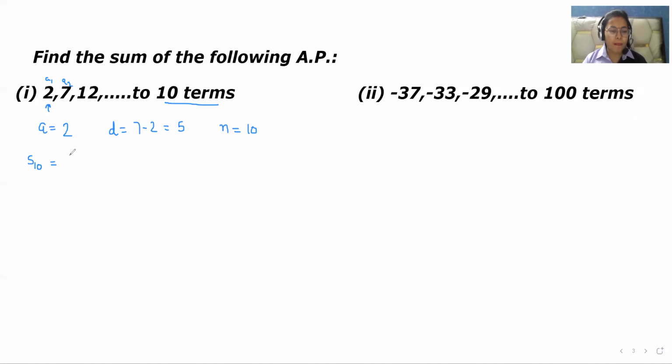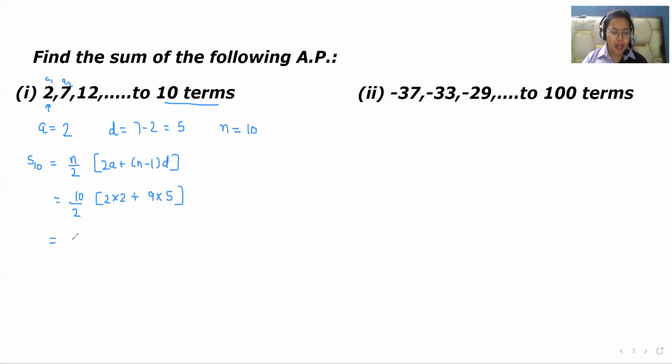So what was our formula? S10 equals n over 2 times (2a plus (n minus 1) times d). So what is n? 10 over 2. What is a? 2 times 2, plus n minus 1, which is 10 minus 1, that is 9, multiplied by the difference 5.